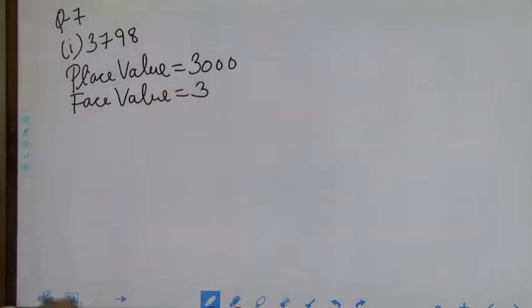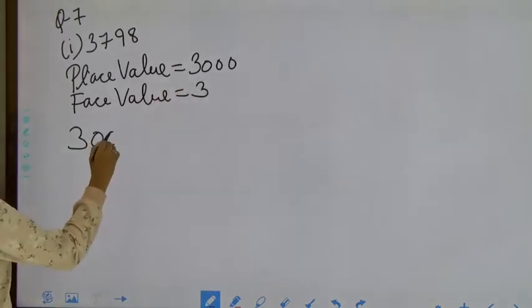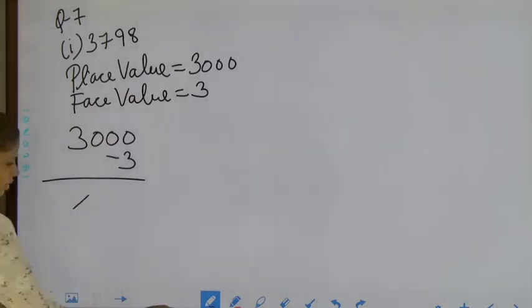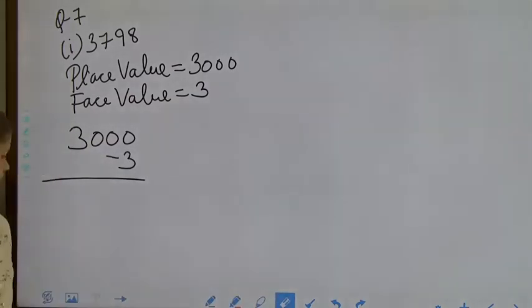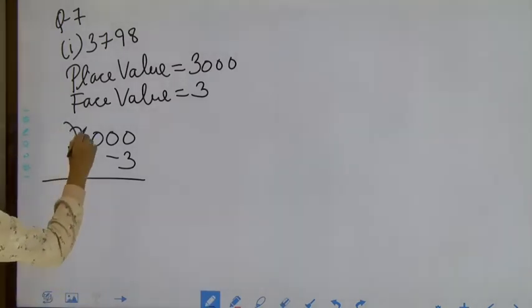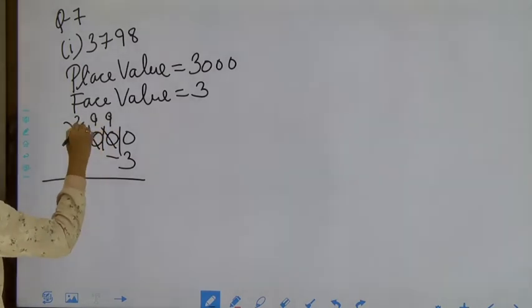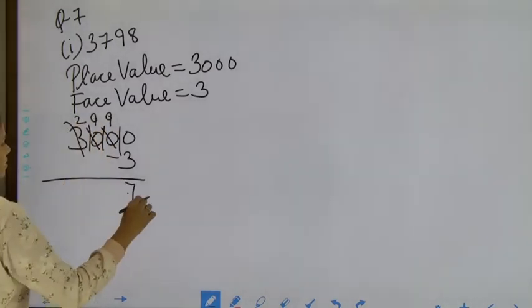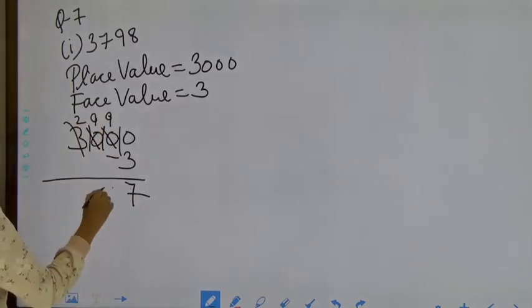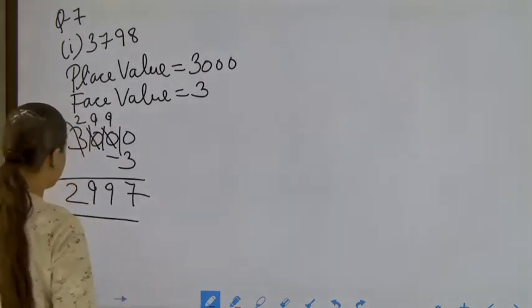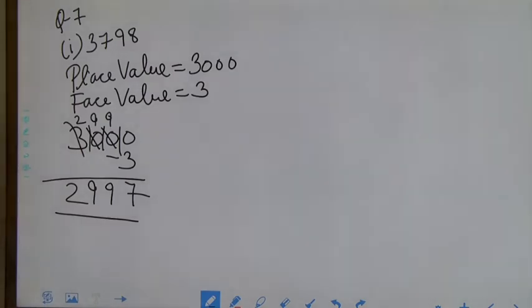We have to do subtraction. 3,000 minus 3. We will take carry. 10 minus 3, that is 7. 9, 9, 2. तो हमारा आंसर क्या आया? That is 2,997.